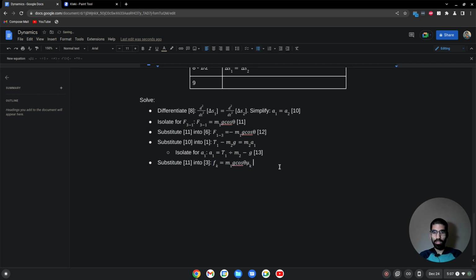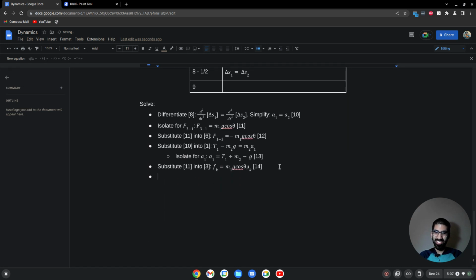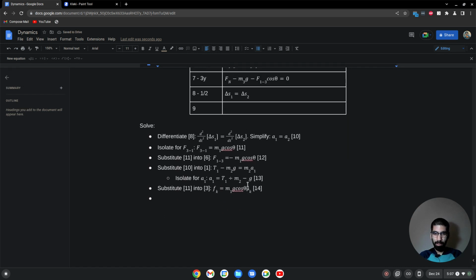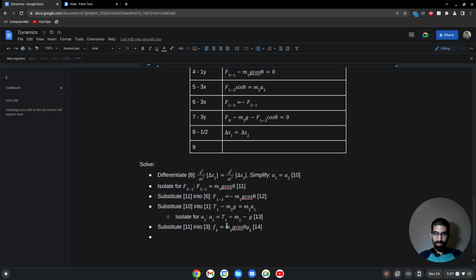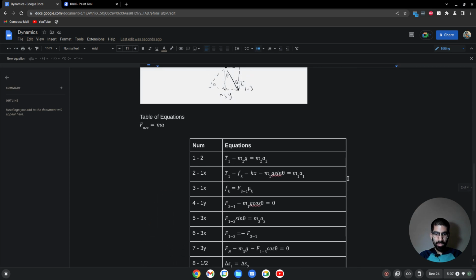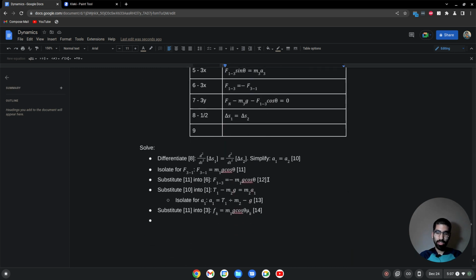Let's call this 14. Lots of equations. So we want to make our substitution happen. We have an expression for a1. We have an expression for fk. We know all this. We're ready to make our substitution.